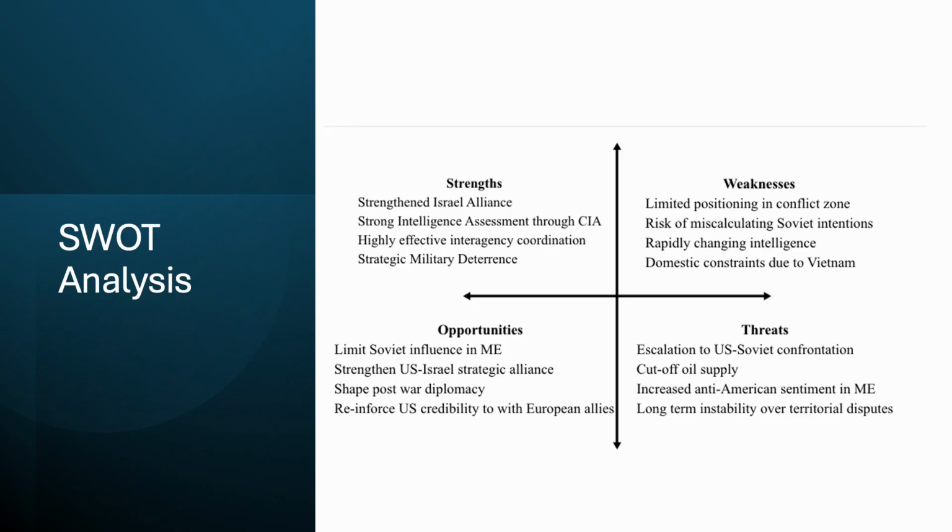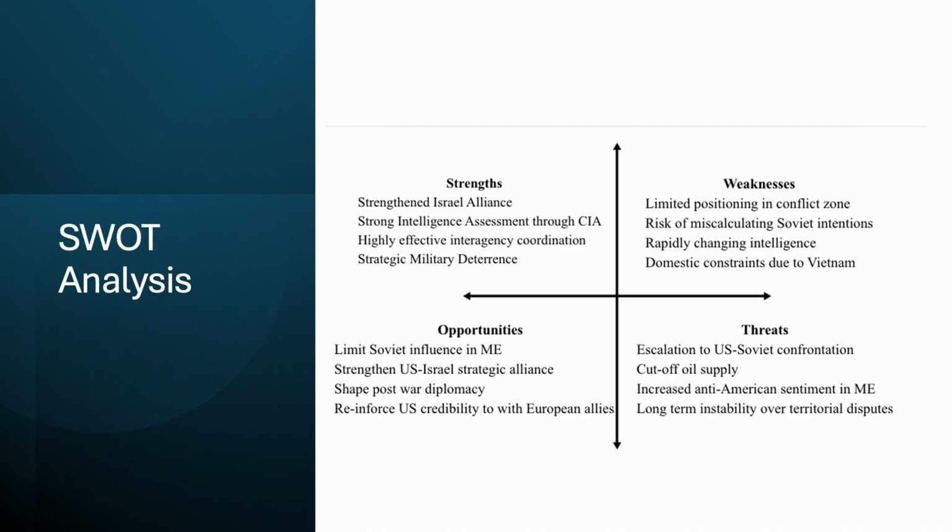For purposes of deeper analysis, I decided to use the SWOT technique just because it's a very structured way, I believe, to examine the US government's internal strengths and weaknesses, as well as the external threats and opportunities in the Middle East at the time. For the sake of time, I would identify the greatest strength being strong intelligence and effective interagency coordination.